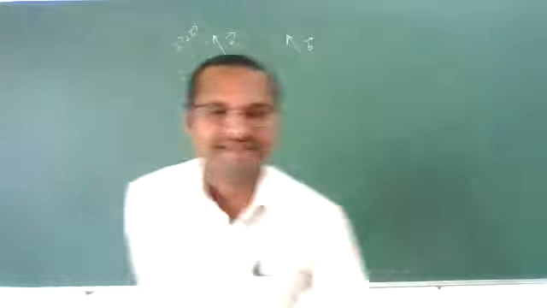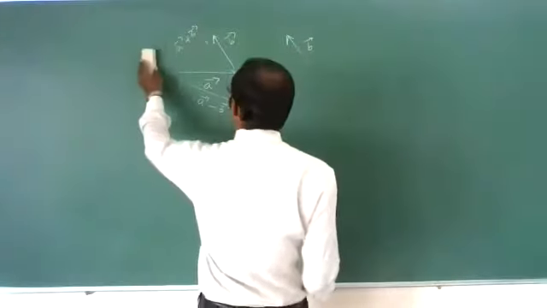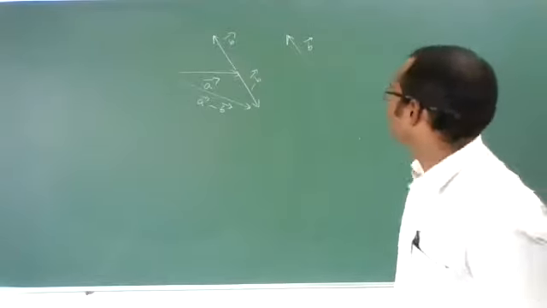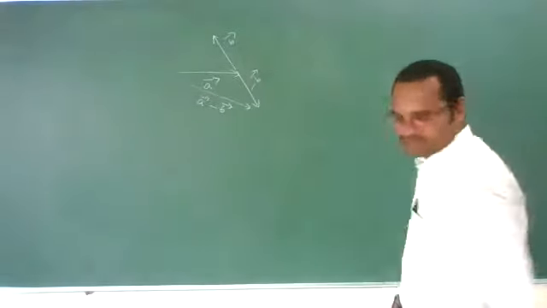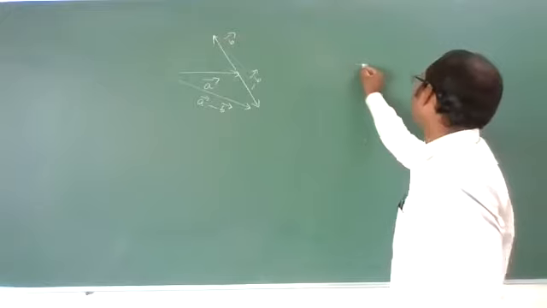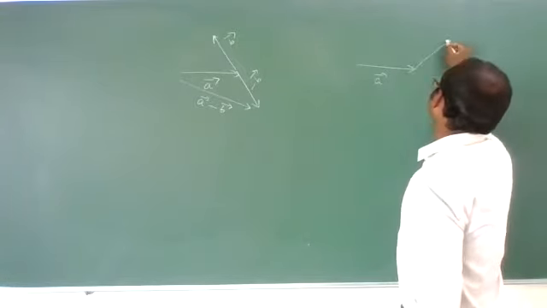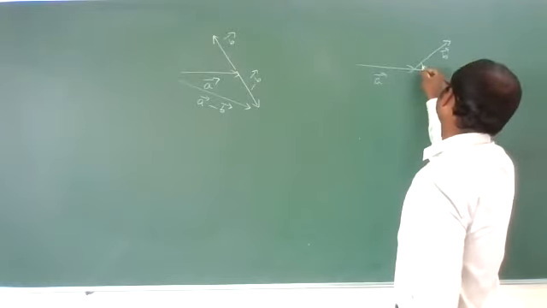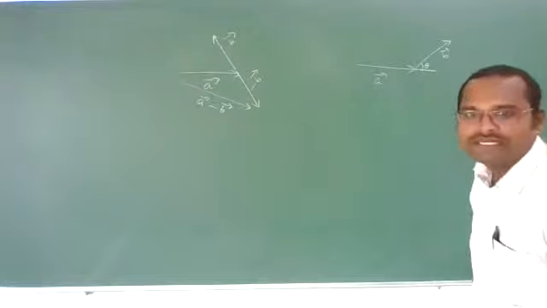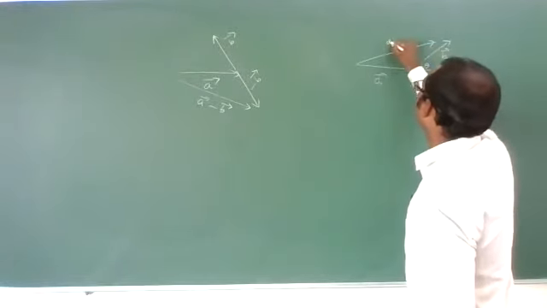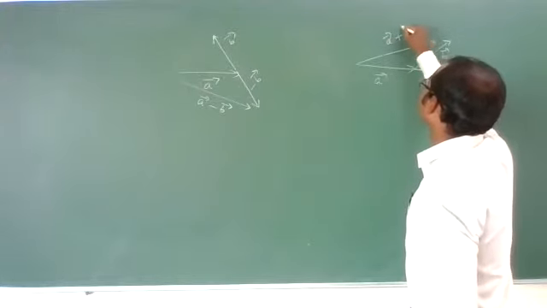Okay, geometrically we are taking everything. But how to take the magnitude? See, two vectors are there like this. This is A bar and this is B bar vector. The angle between these two is theta. Now, the resultant of these two is A bar plus B bar.